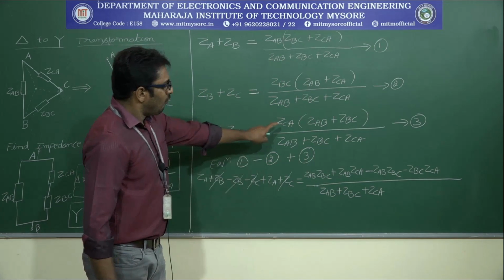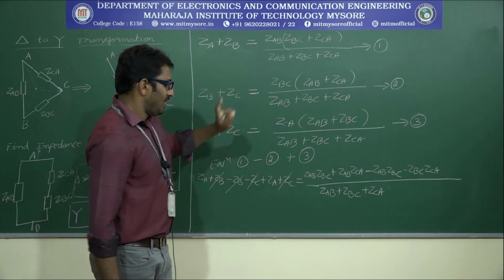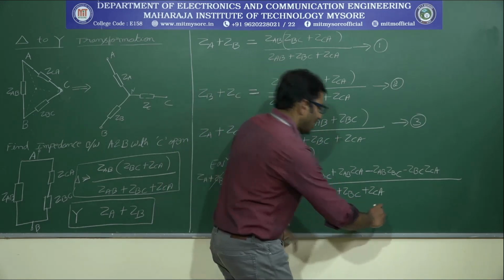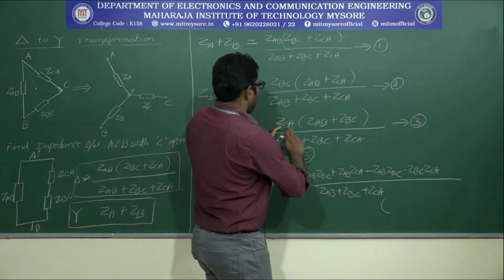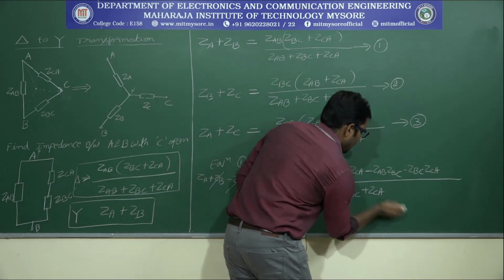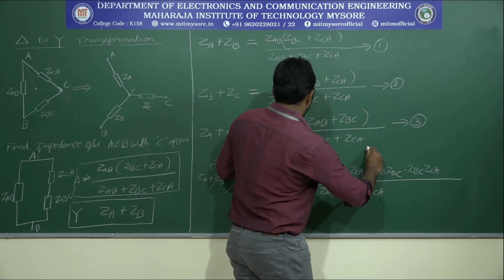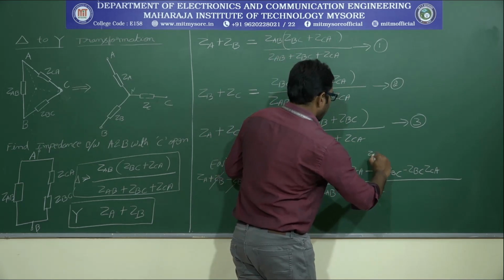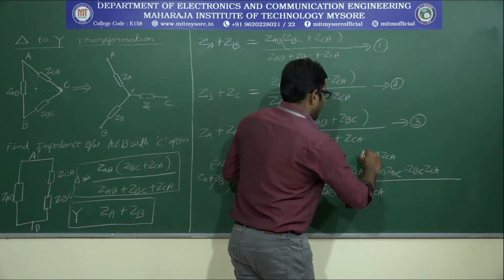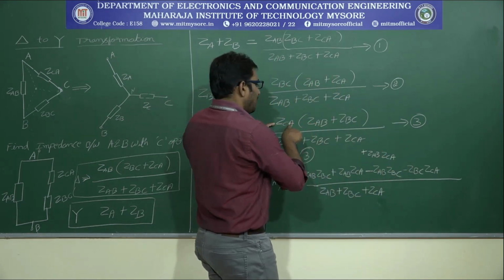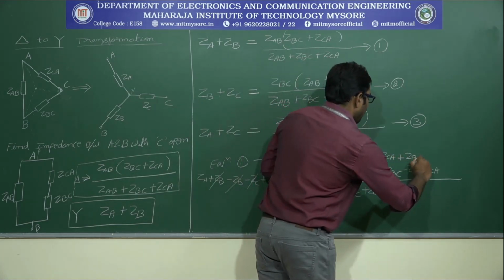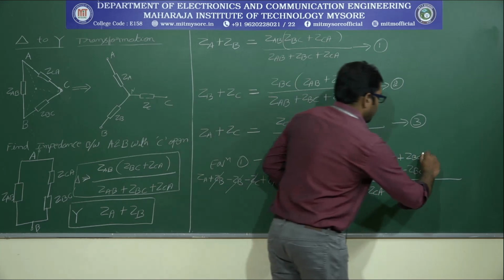Still one more term is left, so let me write this part here, otherwise it is not visible. ZAB into ZCA plus ZAB into ZCA plus ZBC into ZCA.